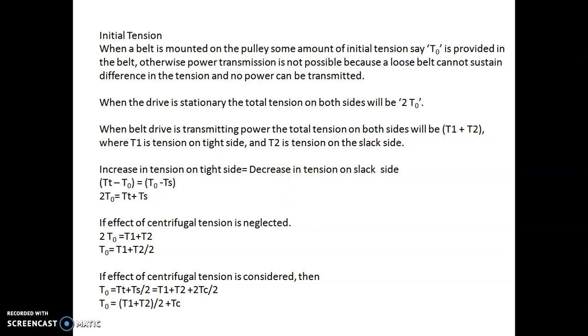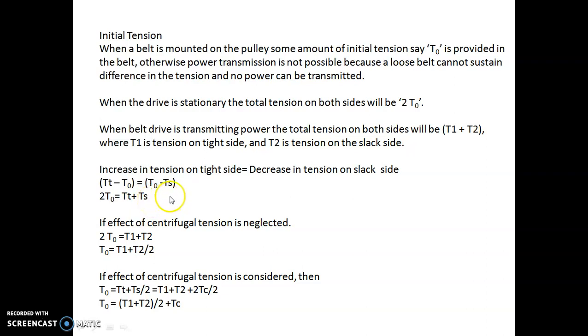This increase and decrease amount will be the same. So we will get the equation Tt minus T0 equal to T0 minus Ts, that is, tight side tension minus initial tension equals initial tension minus slack side tension. So 2 times T0 is equal to Tt plus Ts.